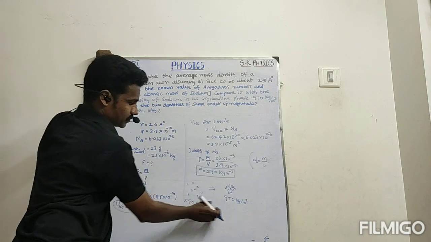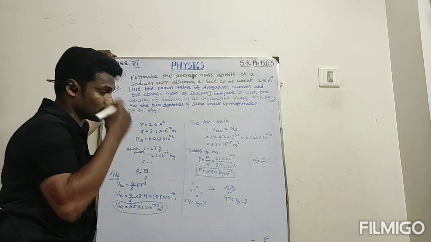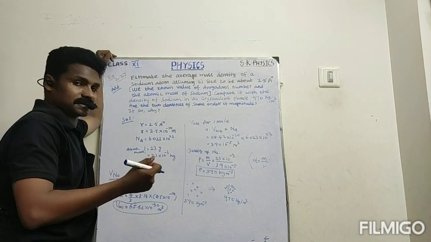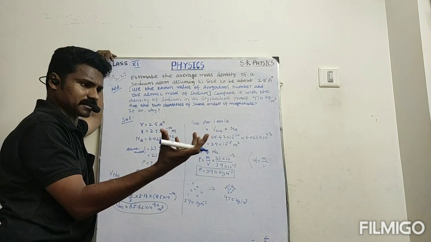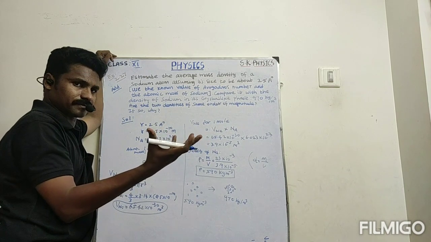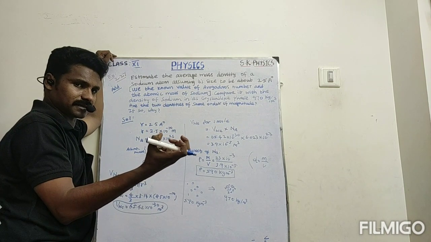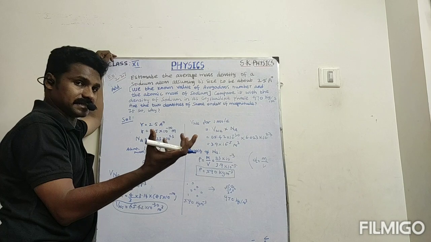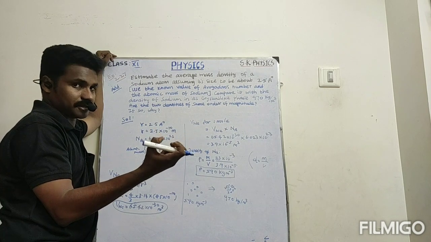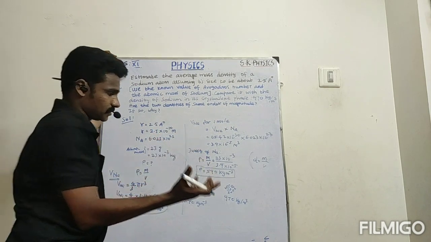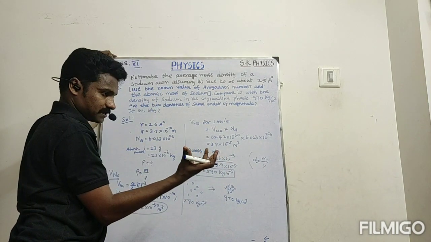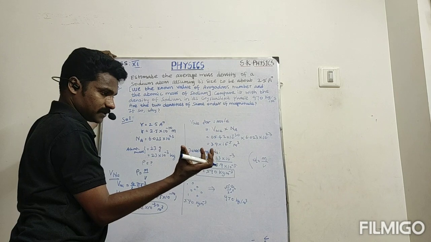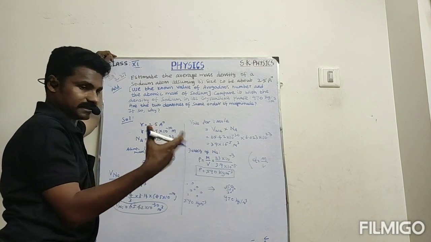So that density value is converted to 970 kilogram per meter cube, because it has converted into a crystalline form, the interatomic distance will be reducing. That means the atoms come together, so the density is increasing. At the same time, the volume is reducing. So that is the reason: on changing into the crystalline structure, the volume is reducing and the density is increasing.